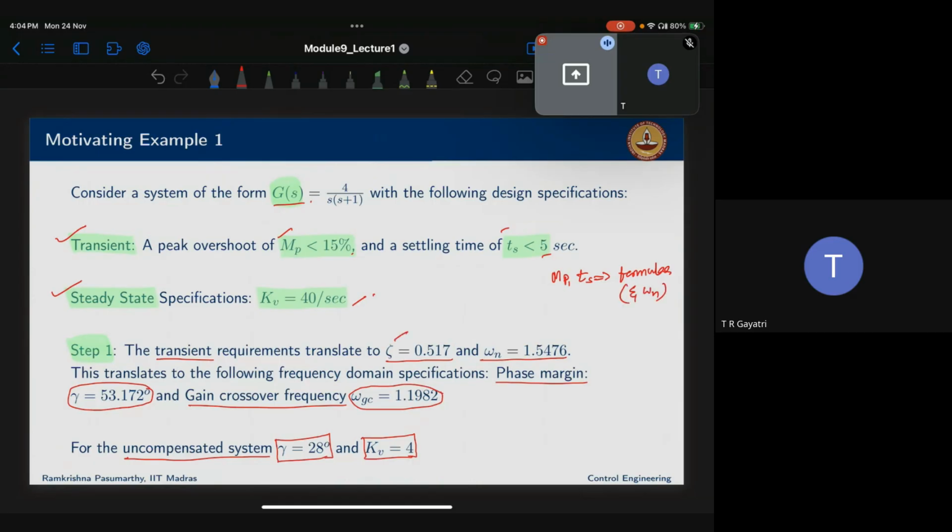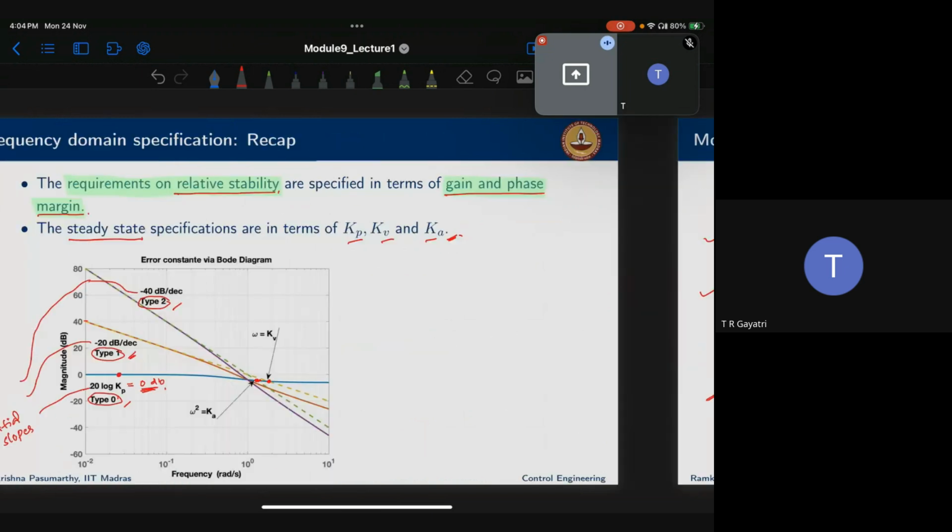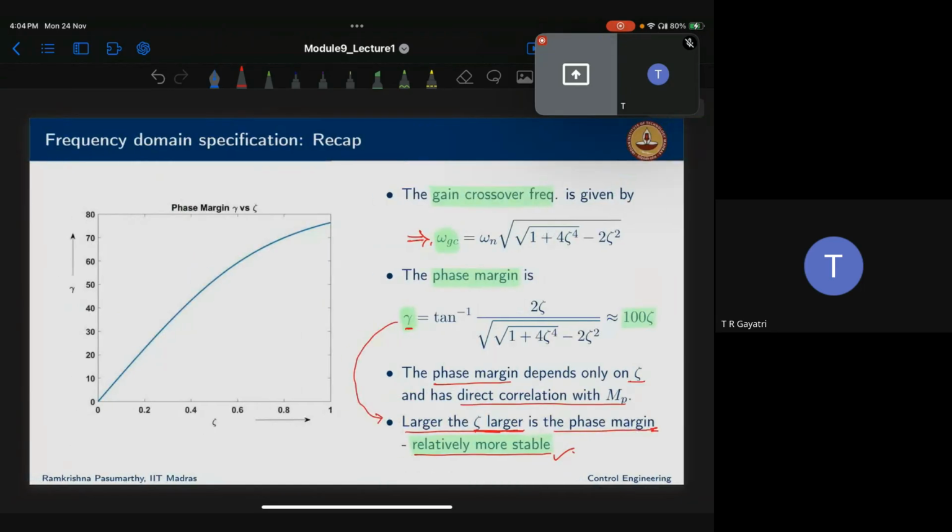So here you got zeta as this, omega n as this. You can convert these zeta and omega n into frequency domain specifications: phase margin as gamma, and gain crossover frequency as this much for the given system using this formula.